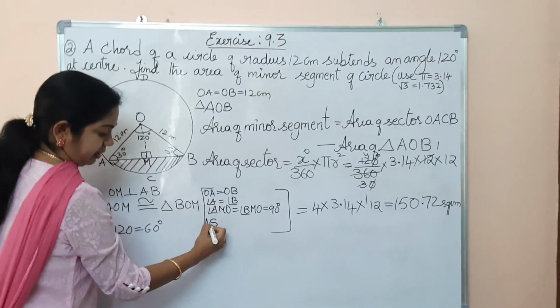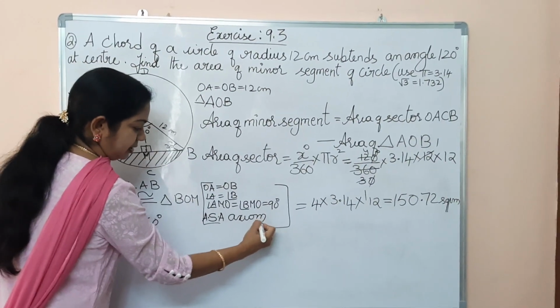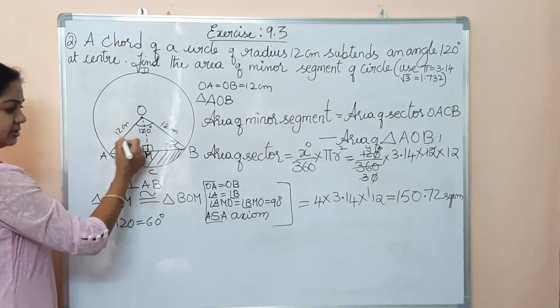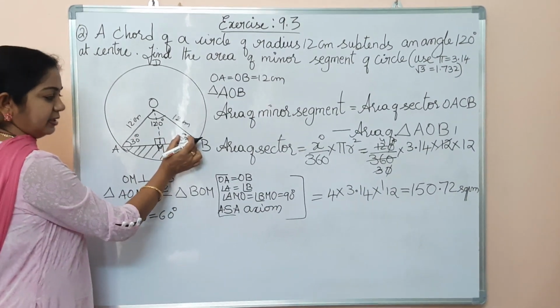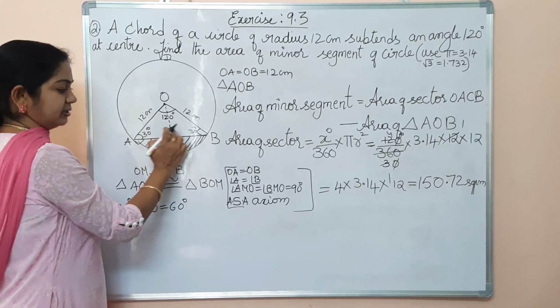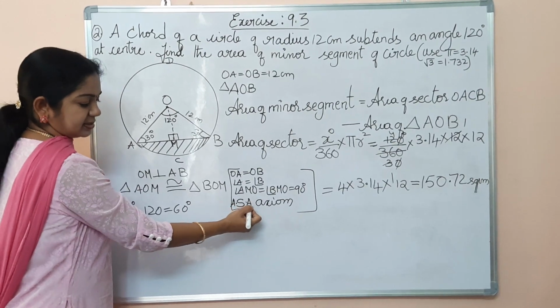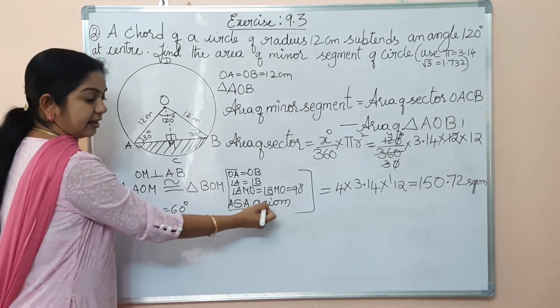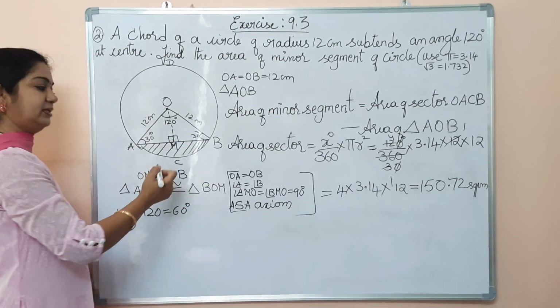I repeat, there is one angle equal, there is another angle equal, 90 degrees, and one more side equal. So from the ASA, angle side angle axiom, we can say that these two triangles are congruent to each other.